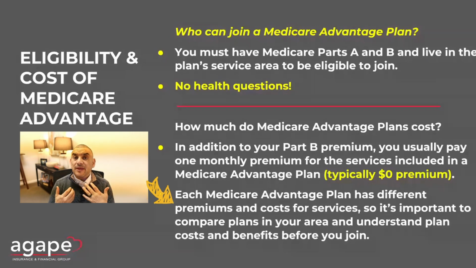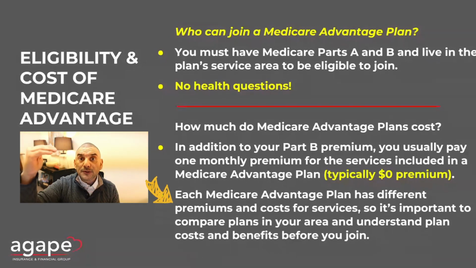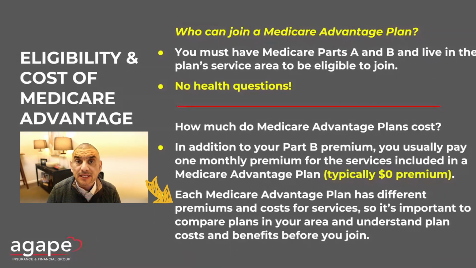What we do here at Agape is we have a tool where we put in your zip code wherever you live, and it pulls up all the Medicare Advantage plans for the most part in your area, and it allows us to compare premiums, benefits, max out-of-pockets, co-pays, co-insurance, and so on. So this is why it's important. You want to put in your medicines to make sure that plan is covering your medicines properly.